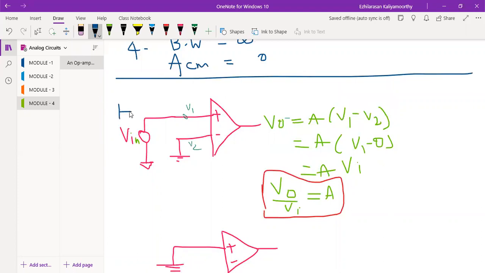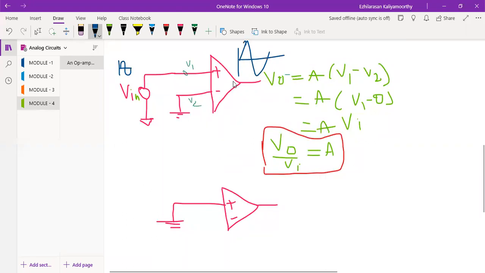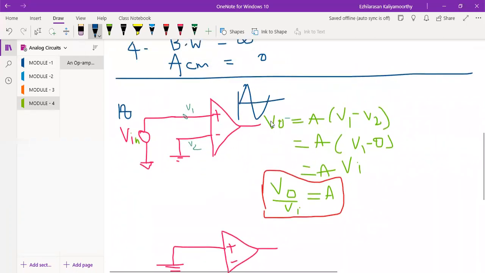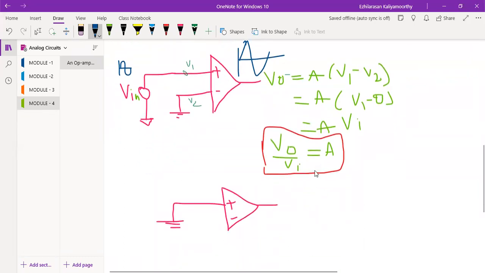See the input you are giving like this, and the output I will receive like this. So the output will be 180 degrees out of phase, that means the output will be inverting, and we will only get the amplified version.